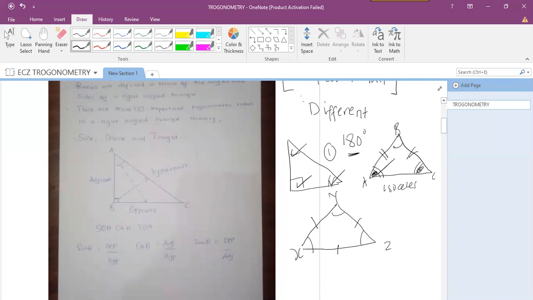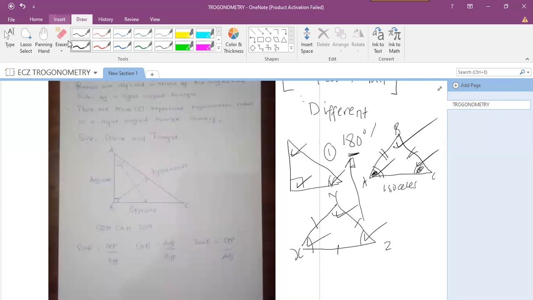If I added this angle and that angle in an isosceles triangle, I'll get 180 degrees. If I added this angle and that angle in an equilateral triangle, I'll still get 180 degrees. So all the interior angles in any triangle add up to 180 degrees.